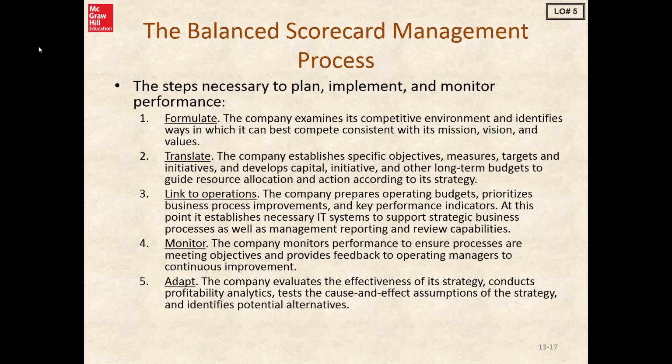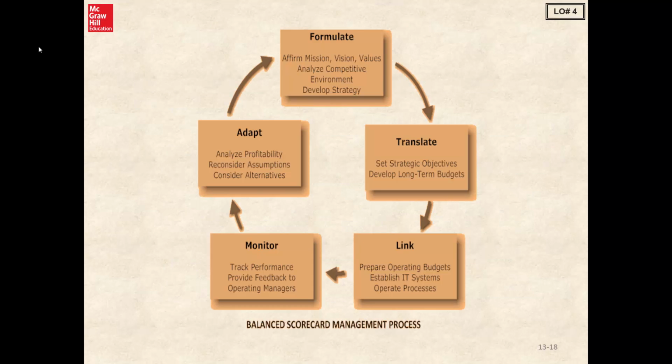The company monitors performance to ensure processes are meeting objectives and provides feedback to operating managers for continuous improvement. And number 5, adapt. The company evaluates the effectiveness of its strategy, conducts profitability analytics, tests the cause and effect assumptions of the strategy, and identifies potential alternatives.